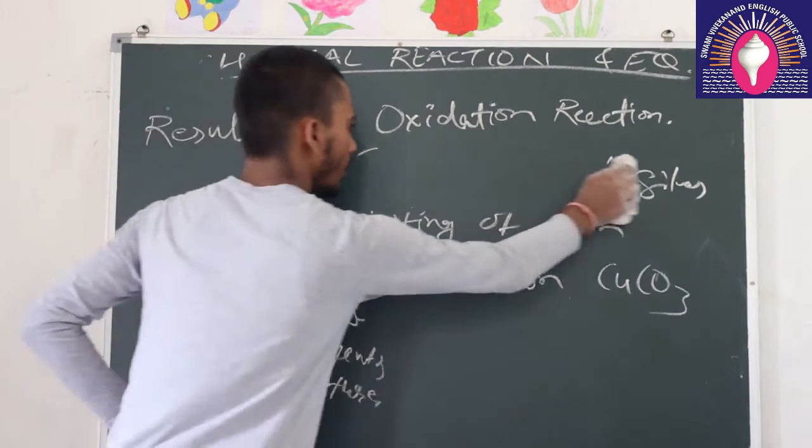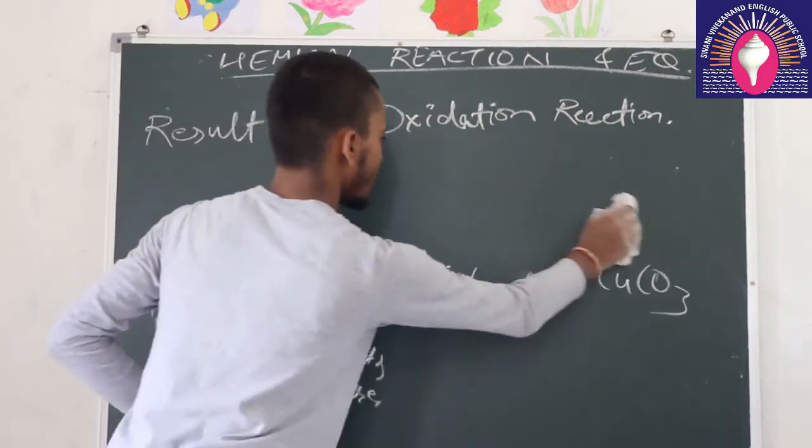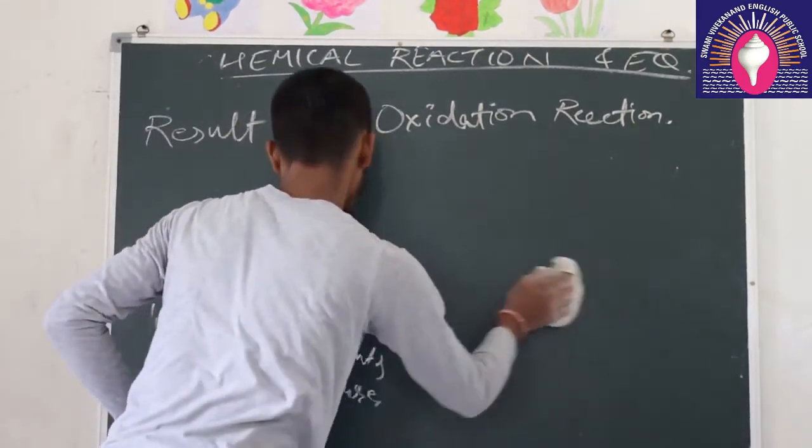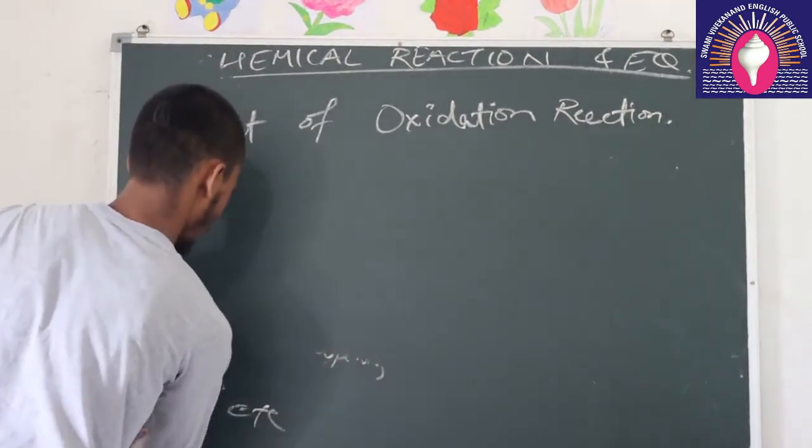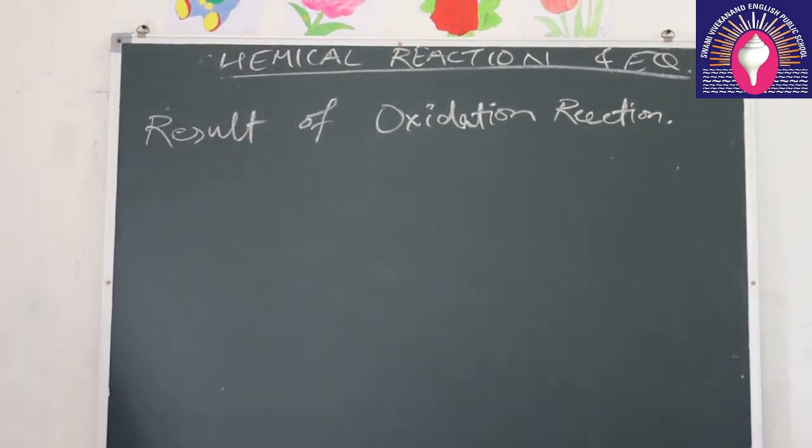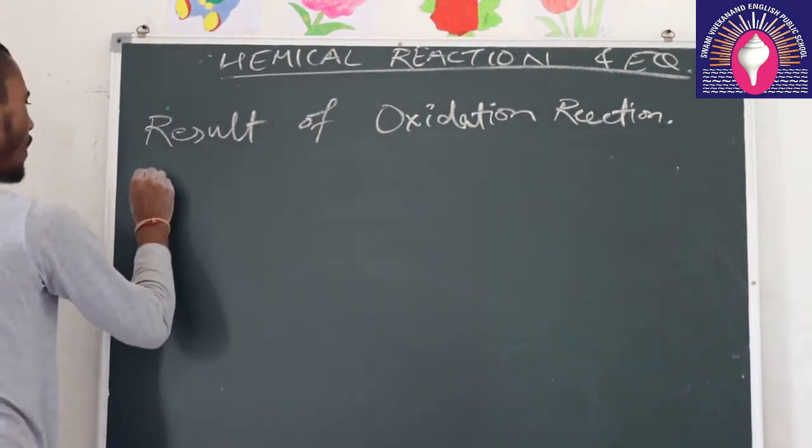The next result of oxidation reaction is rancidity. Rancidity is on organic materials.